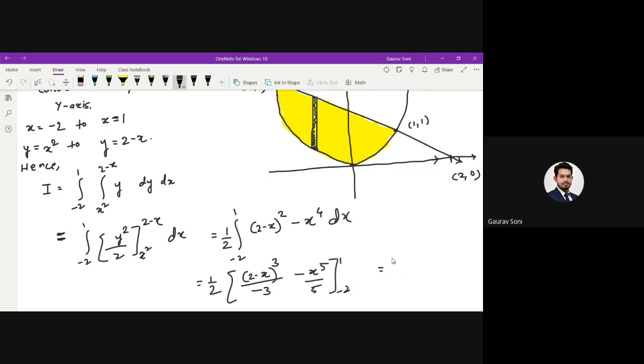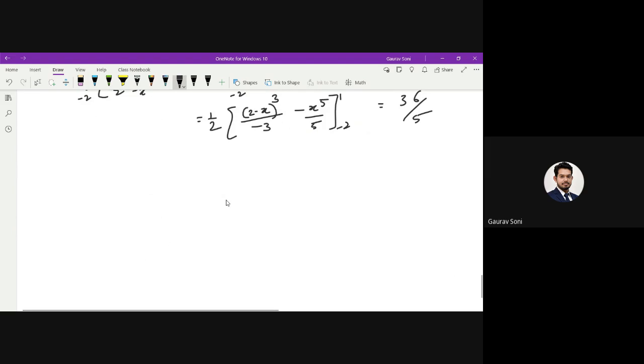So the final answer is 36 divided by 5. Check it later. Next example.